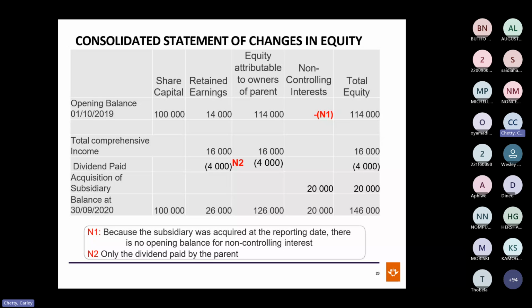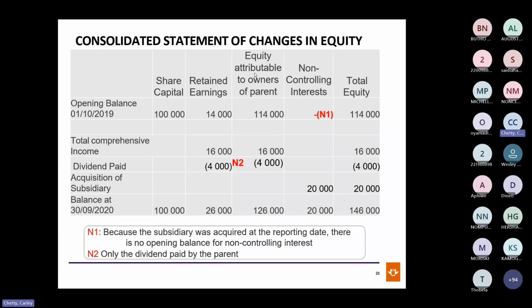They're just showing that when you have total comprehensive income of 16,000, that will go here in the retained earnings column. And then you have a dividend paid of 4,000, which will reduce the total comprehensive income. Okay, so the share capital column here and the retained earnings column here, these belong to the parent.